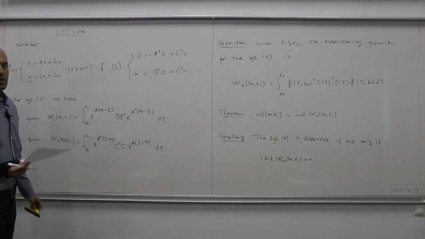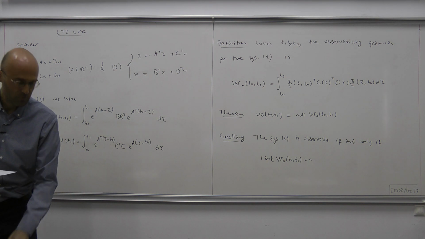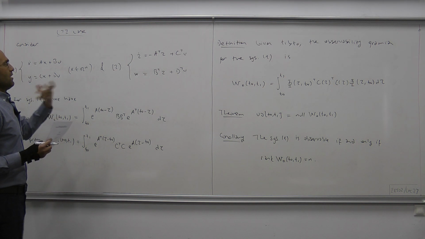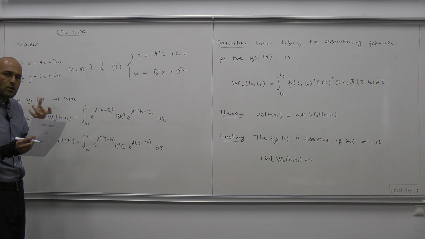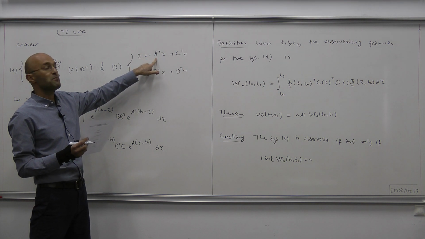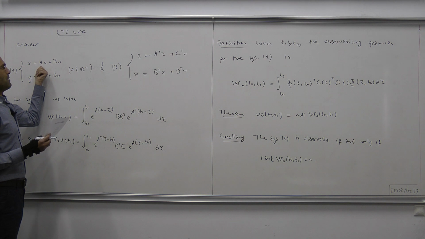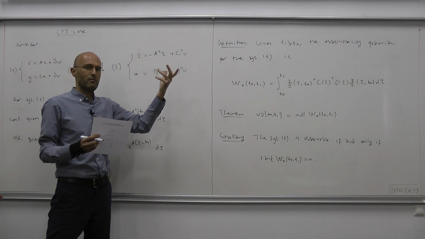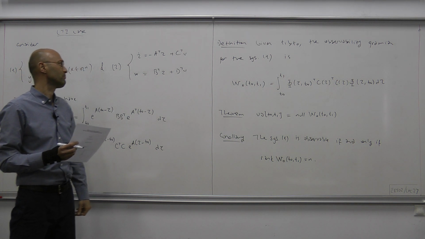And what we're going to do is we're going to do the same thing this time for system 2. Note that system 2 has parameters that are related to the parameter of system 1 in a peculiar way. The A matrix of system 2 is minus A transpose. Okay, since A is n by n, minus A transpose is also n by n. Therefore, the second system is also an nth order system.